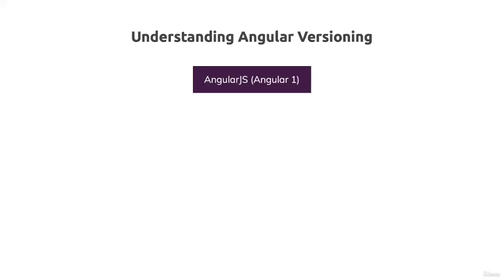Now, one thing that can be confusing when you're getting started with Angular and when you're learning Angular is the versioning of Angular. It all started with AngularJS, or Angular 1 as it's also called, which was released a couple of years ago. This was the first version, and it was a totally different version of Angular that worked totally differently.